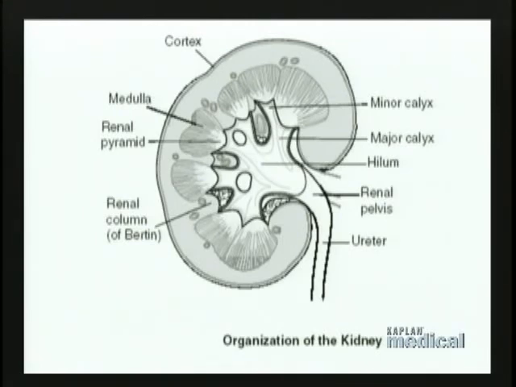And you can also see the apex of the medullary or renal pyramids, basically which are the site where the collecting ducts enter or exit and drain their corresponding urine into the minor calyces.